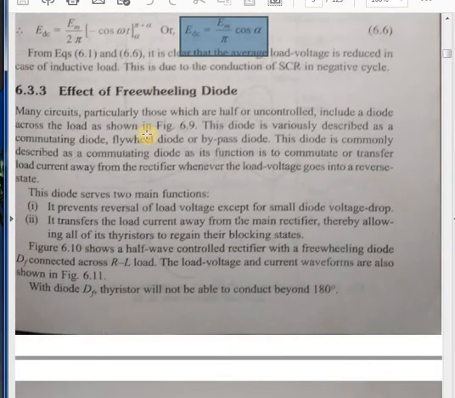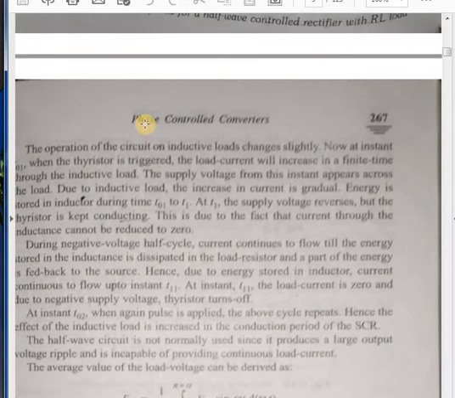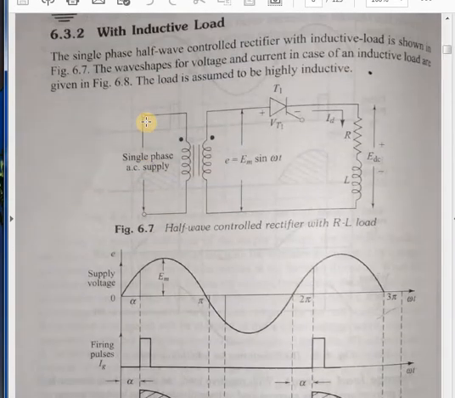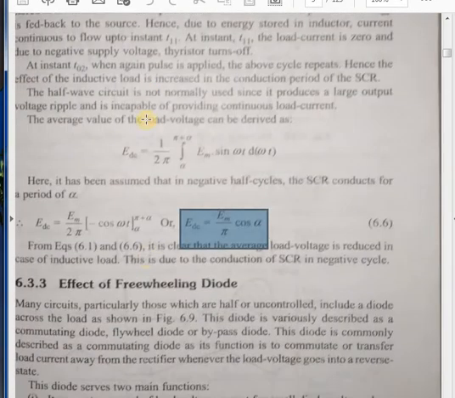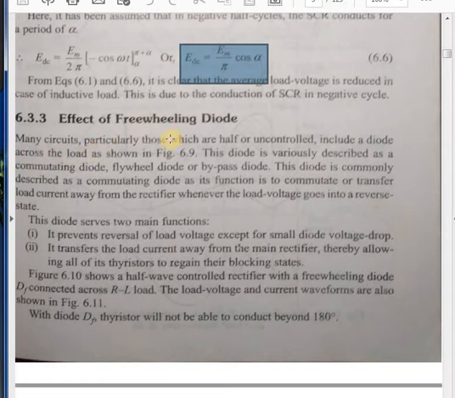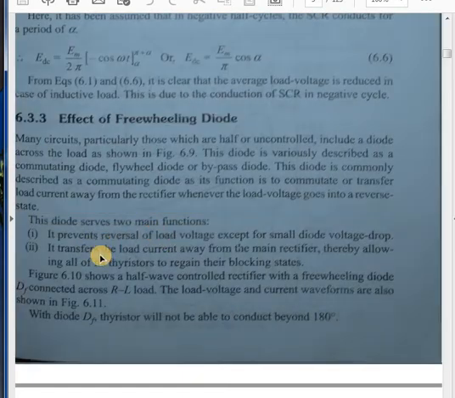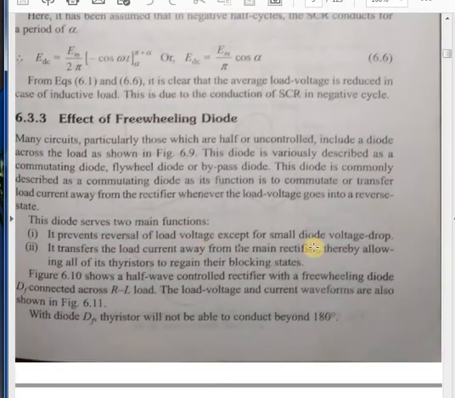Okay, so effect of freewheeling diode. Now you consider a freewheeling diode. This question is frequently asked in your question papers: what is the effect of freewheeling diode in the circuit? The diode serves two main functions: it prevents reversal of load voltage except for small diode voltage drop, and it transfers load current away from the main rectifier, thereby allowing its thyristor to regain its blocking state.